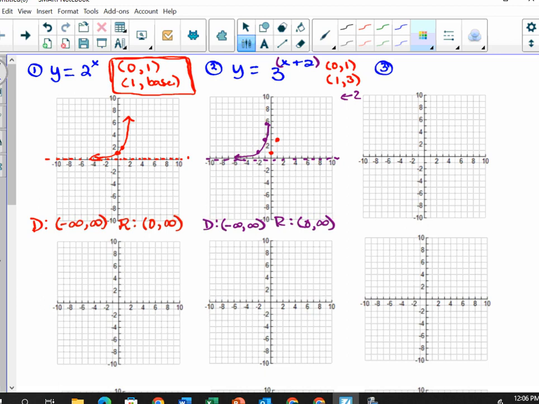Third one here. Let's do y equals 5 to the x, and then -3. That -3 is not in the exponent this time.